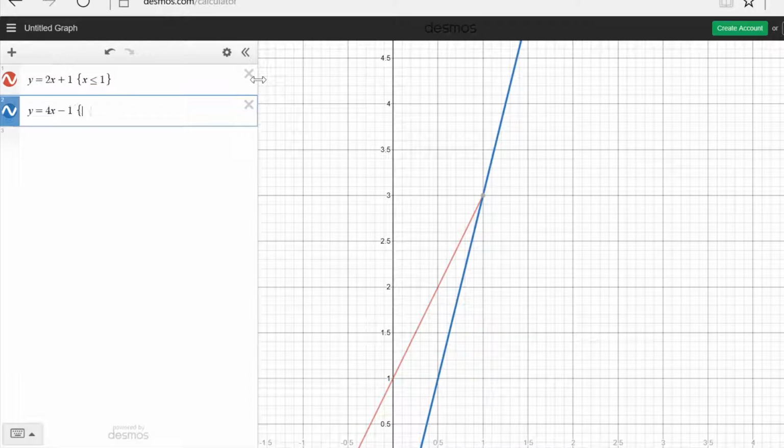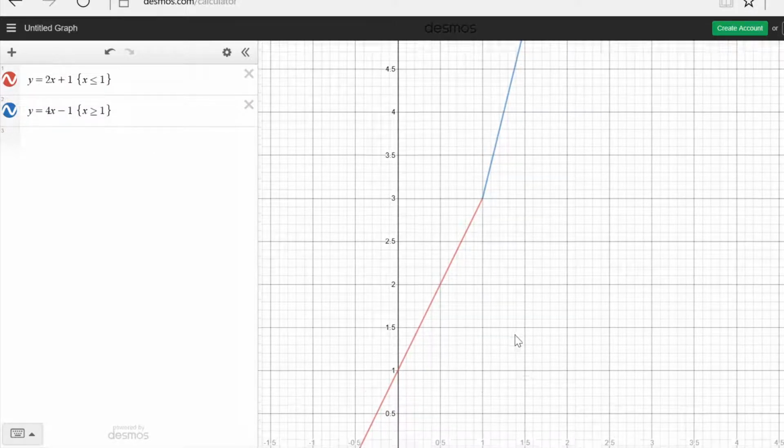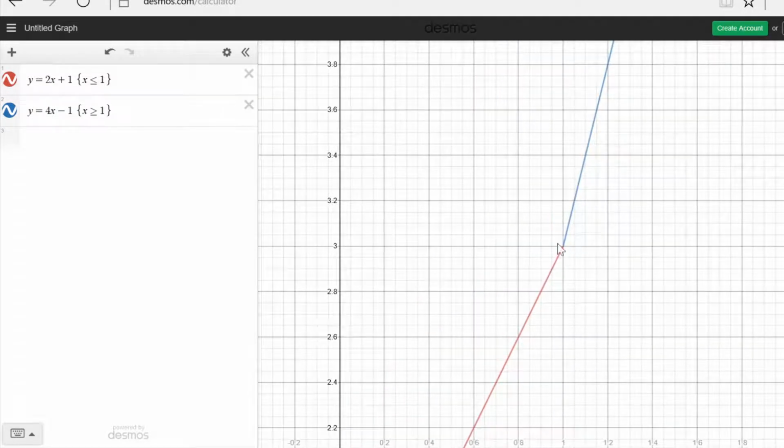So again, we set up a domain, but this time instead of going one way, it's going the other. And look at what's happened here. Notice they're both either less than, greater than, or equal to 1, because they both share that x is 1 value in common, okay? And you'll see that it zigzags right there.